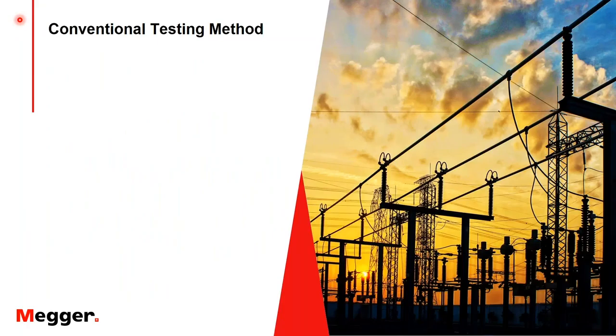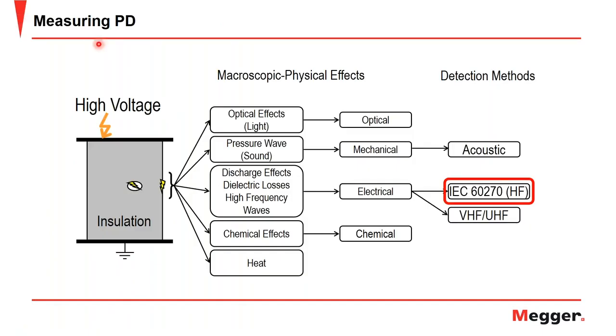Moving from that, we'll start talking about the conventional test method. Here we just have a visual overview of what was already stated. You have your insulation or your apparatus, high voltage being applied, and your partial discharge activity that emits many different things we can measure, such as optical effects, pressure waves, electrical effects like dielectric losses or high frequency waves, chemical effects, and heat.